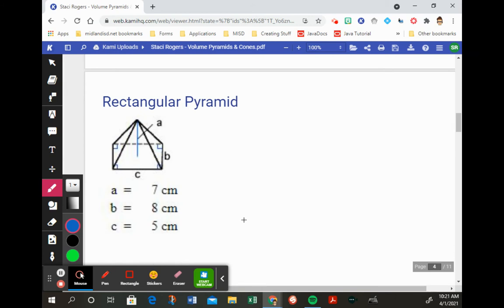Same figure, different values. Once again, I'm going to draw my rectangle because it says I'm a rectangular pyramid. I have C. I have B. A, once again, is the height. I'm going to label it right there. Oops, B. Okay. Big B is equal to length times width because I'm doing a rectangle.